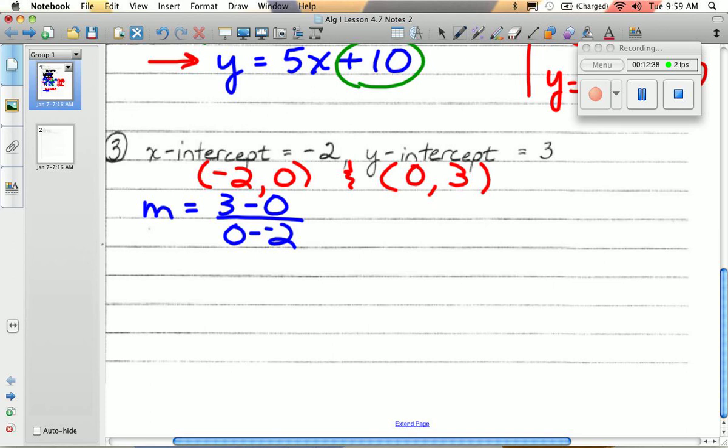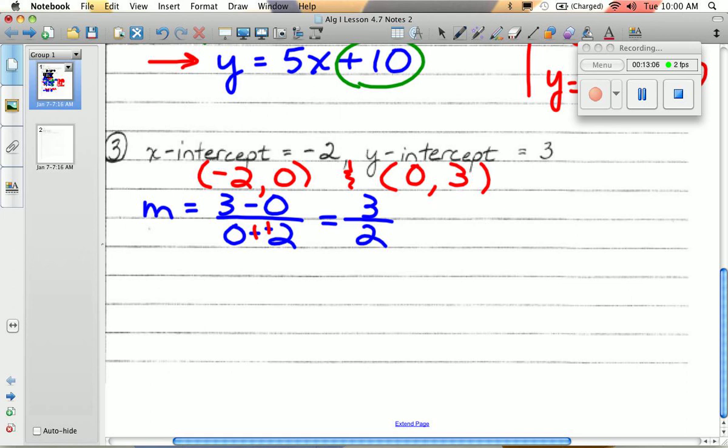So yes, I started it out as 0 minus a -2, which then, if we change it to add the opposite, does become +2. So 3 take away 0? 3. 0 plus 2? 2. So the slope is 3 halves.